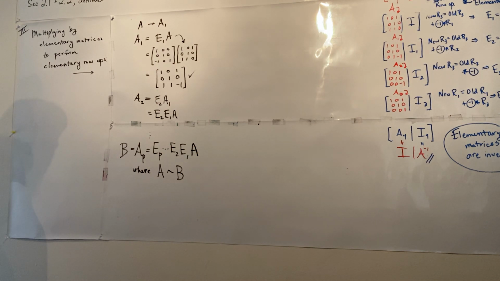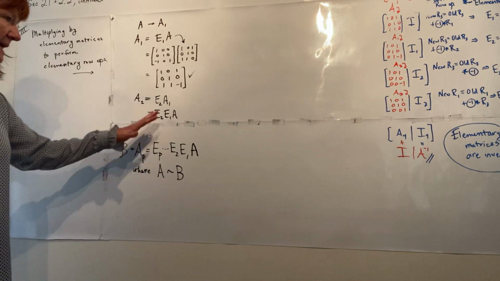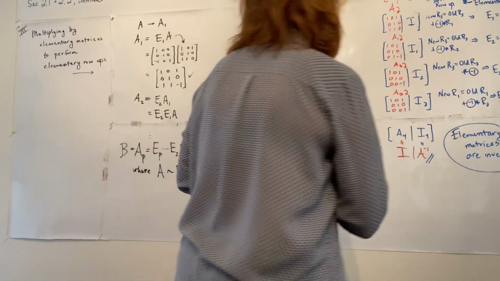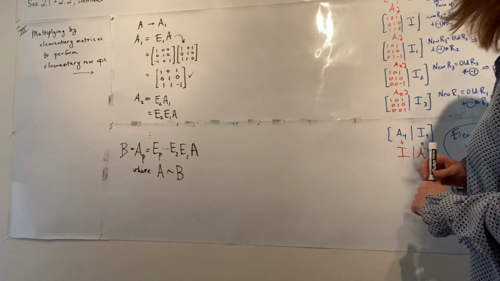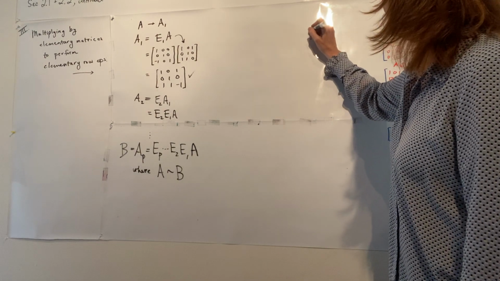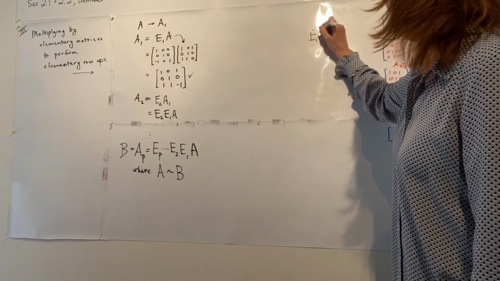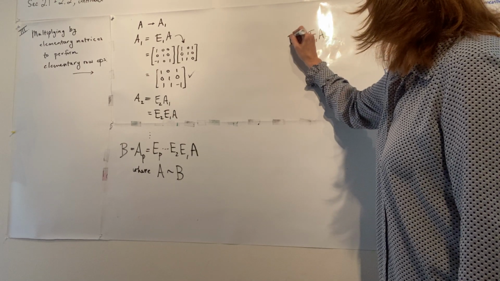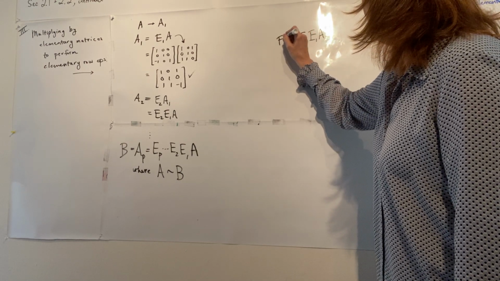Well, let's see. So you could test this on this one here by using your E1, your E2, your E3, your E4, and multiplying them in this order. First we did E1 on A, then we multiplied that by E2, then by E3, then by E4.